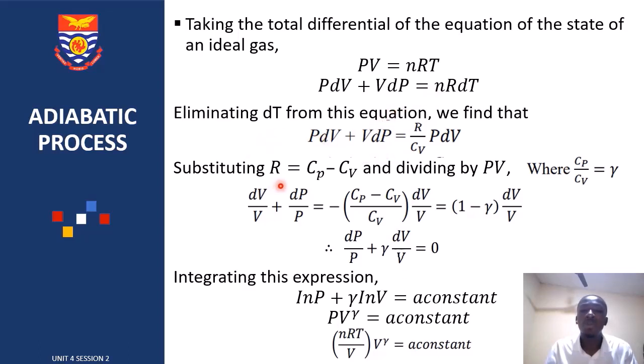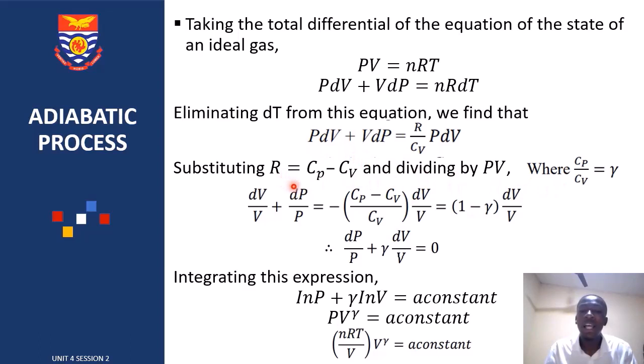We also know that for the molar specific heat capacities at constant pressure and volume, R is equal to Cp minus Cv. And we also divide through by PV.